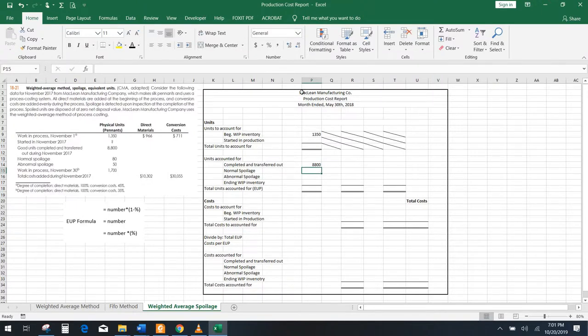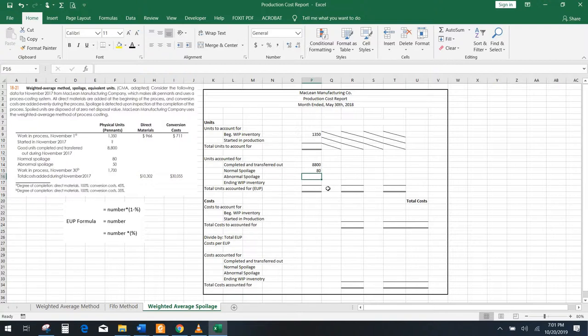Normal spoilage was 80, and notice these two lines are added. That's the only difference between a regular weighted average production cost report and a weighted average production cost report with spoilage. Just these two lines are added here, and these two lines are added here.